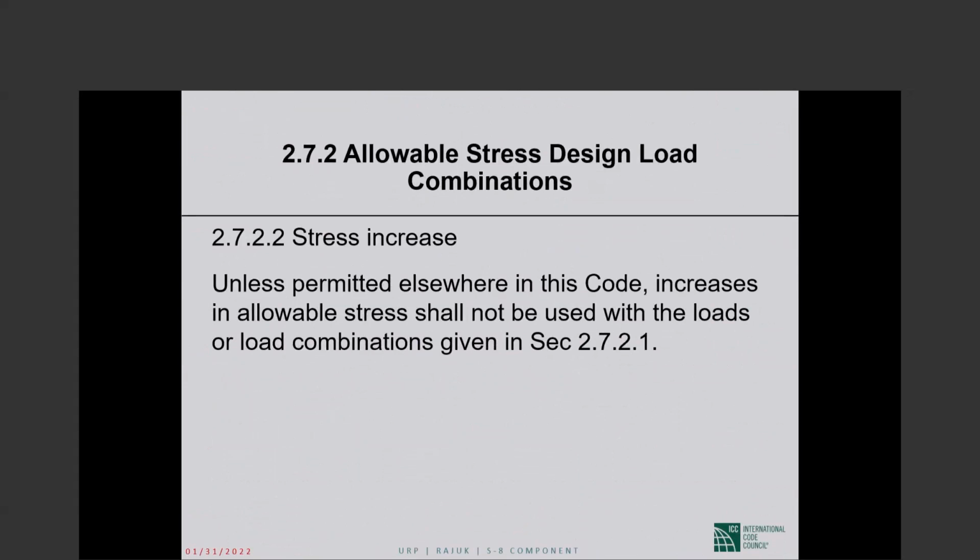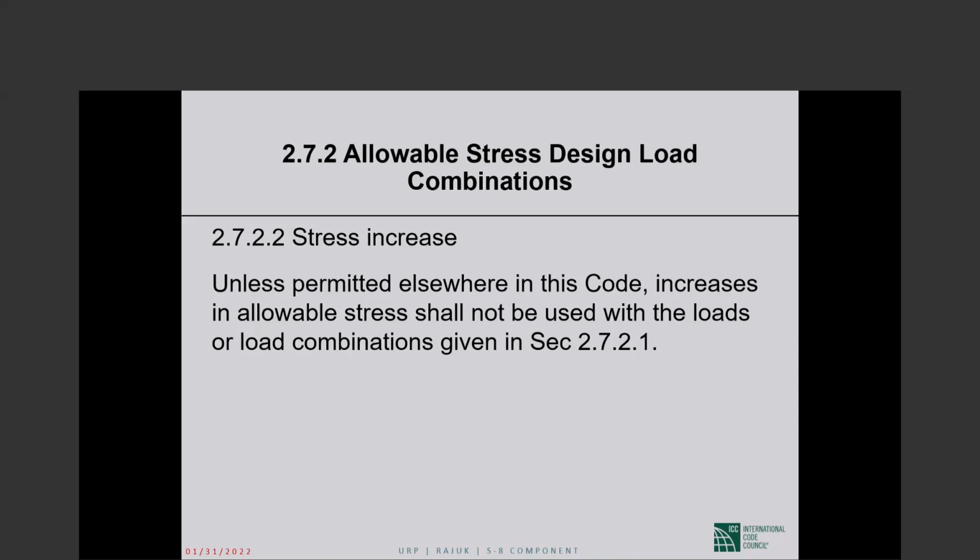Okay, when we do allowable stress design, can we take an increase in allowable stresses under certain circumstances? That used to be very common, but here BNBC says unless permitted elsewhere in this code, increases in allowable stresses shall not be used with the loads or load combinations given in 2.7.2.